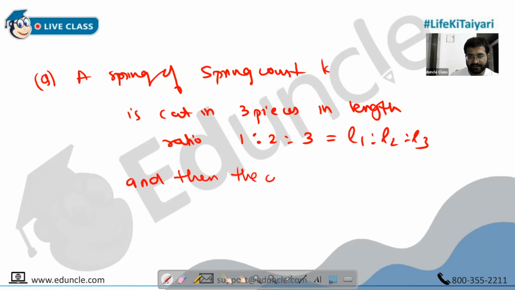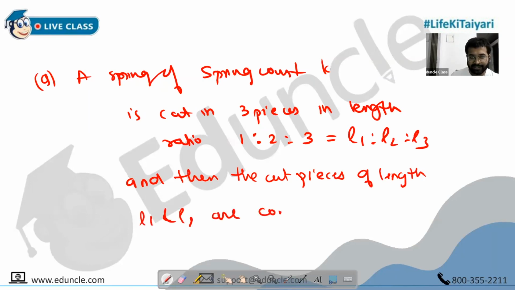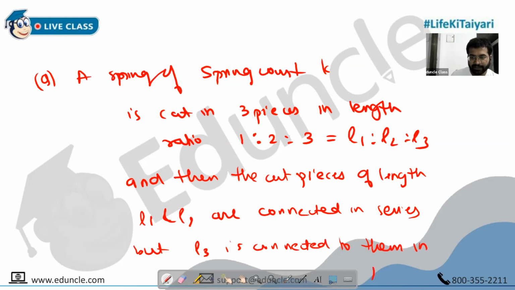The cut pieces of length L1 and L2 are connected in series, but L3 is connected to them in parallel. Find the final K factor. I've just created a very random question right now.